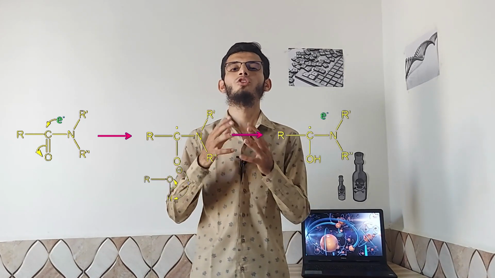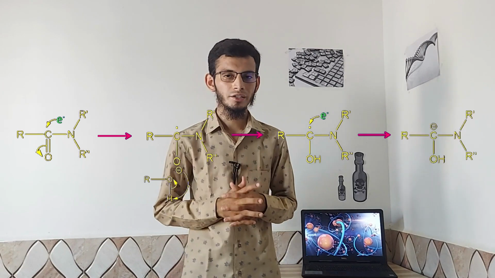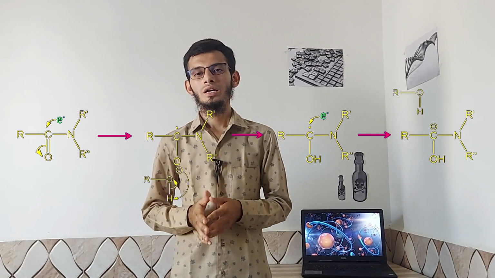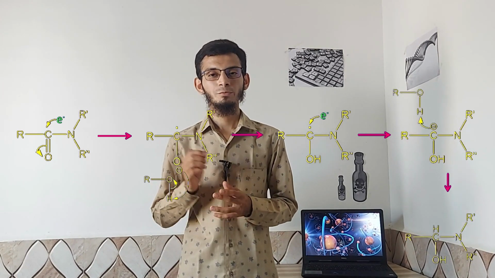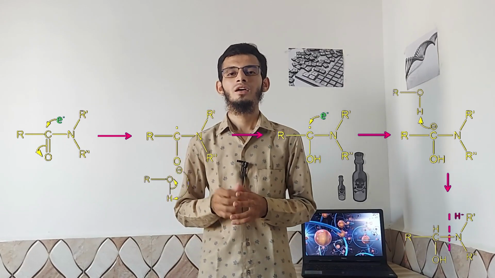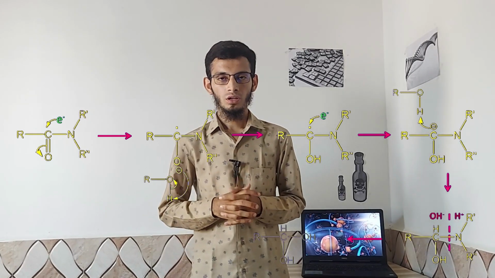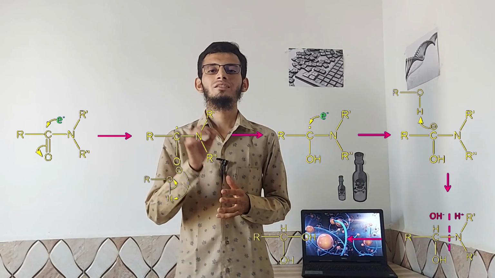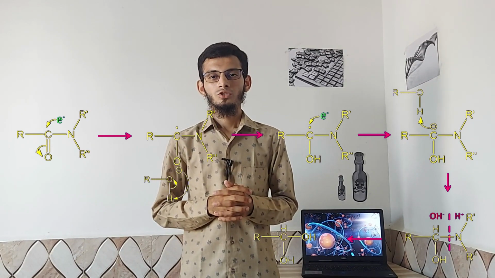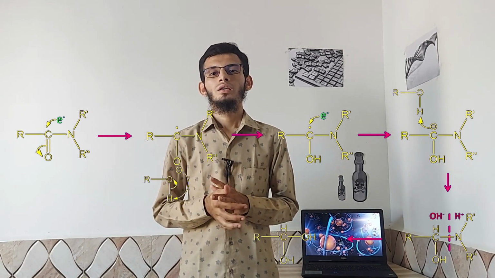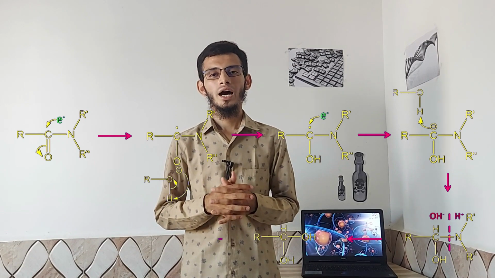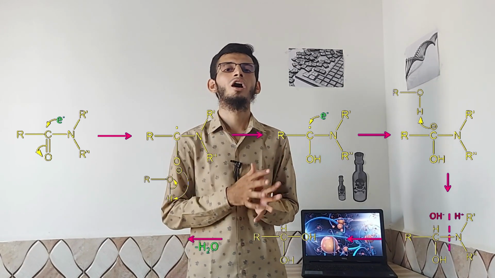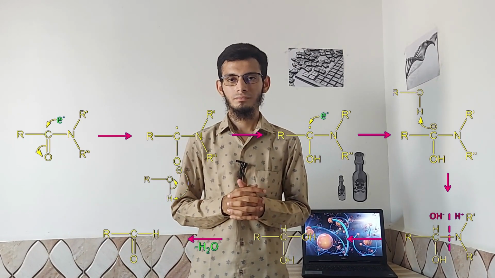Then an electron will attack on the free radical, resulting in an anion. Then after accepting a proton, it results in a product. This product will hydrolyze, resulting in a diol, in which two OH groups are at the same carbon. So this molecule can be easily dehydrated, resulting in an aldehyde.